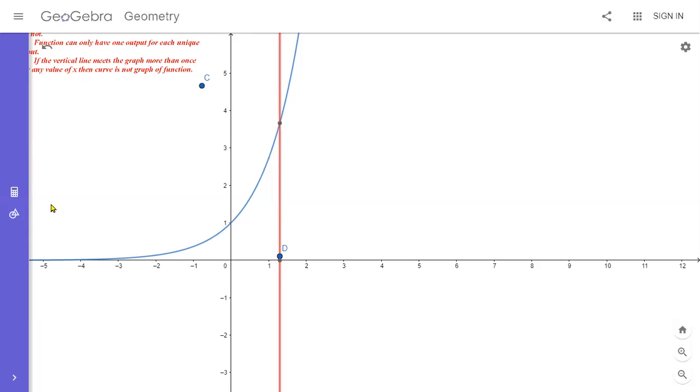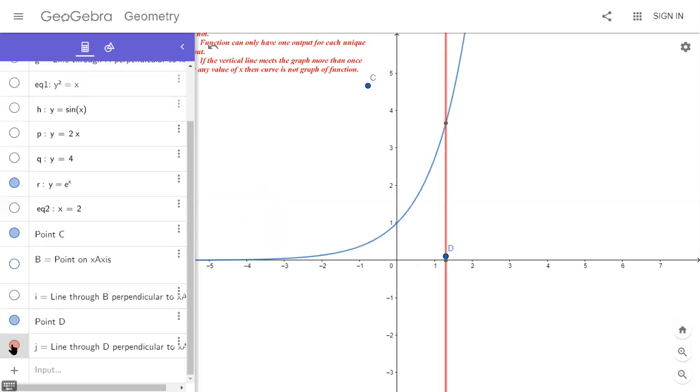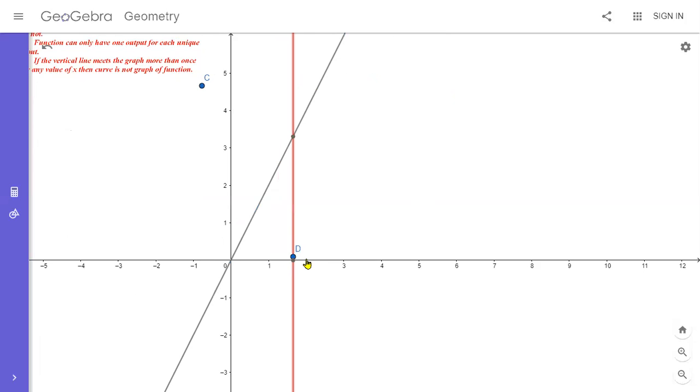Let me take the next example. Let me use the equation y equals 2x. This is the line y equals 2x. Let me check for any value of x.